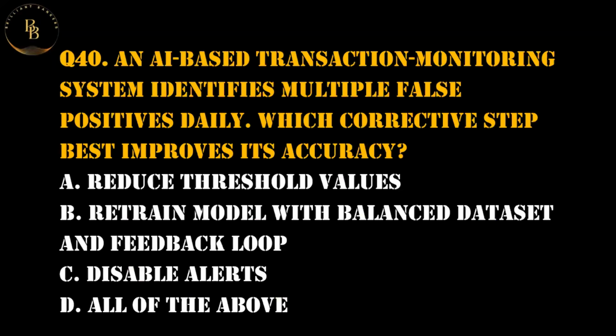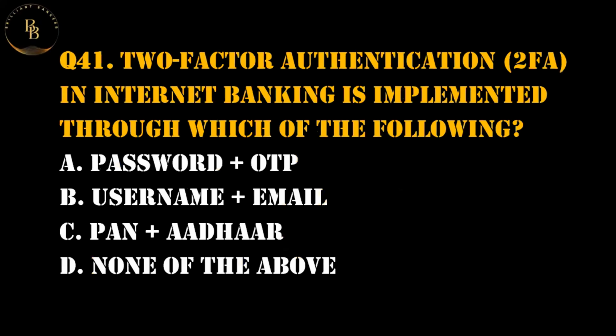And the right answer will be to retrain the model with a balanced dataset and feedback loop. Model drift requires retraining with balanced data and a supervised feedback mechanism. This refines the precision without compromising the detections also.